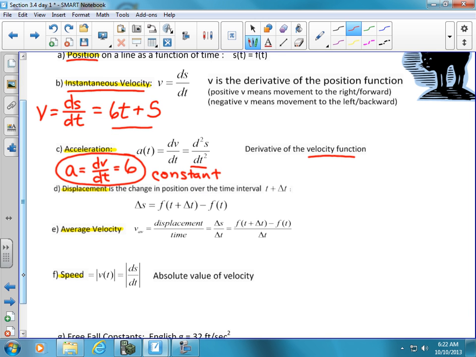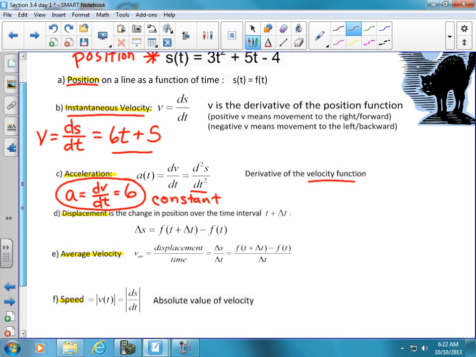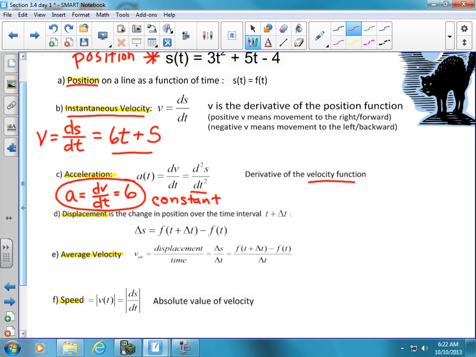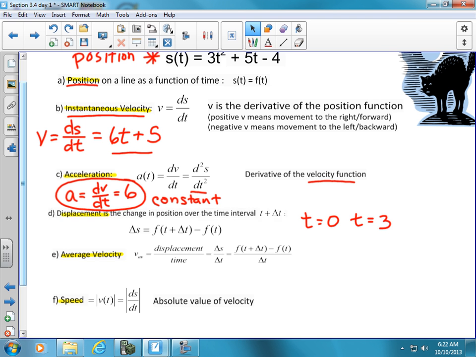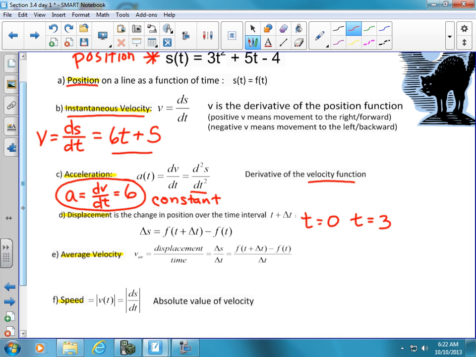Next, we have displacement. That means a change in position from the beginning to the end. Let's say we start at time t equals 0 and go to time t equals 3. For displacement, all we do is take the change in s: s at 3 minus s at 0.